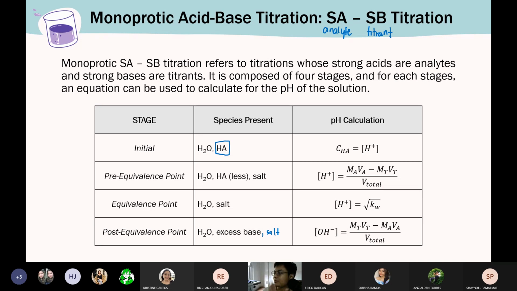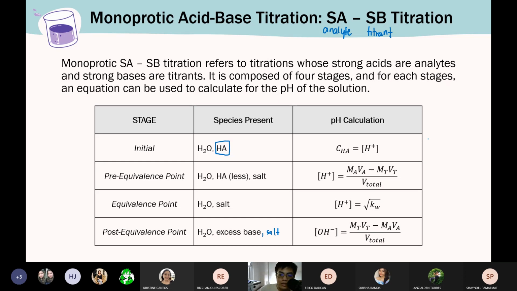Okay, so you're all correct. At the initial stage, the one that will predict the pH of the solution is the acid, not the water. So, the question is, how will you get the pH? You just get the negative log of your acid concentration.